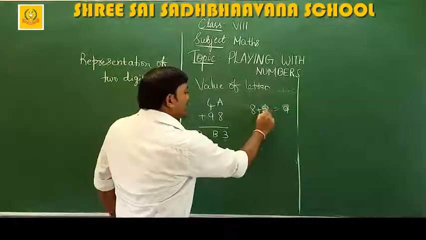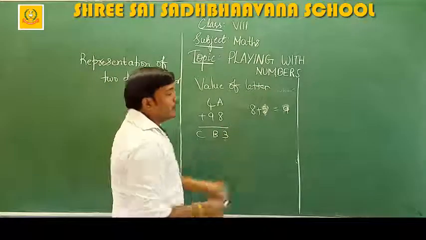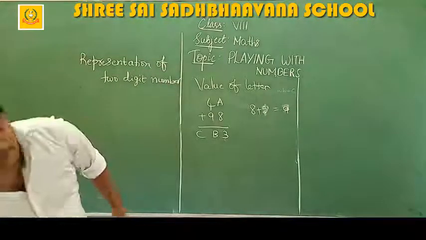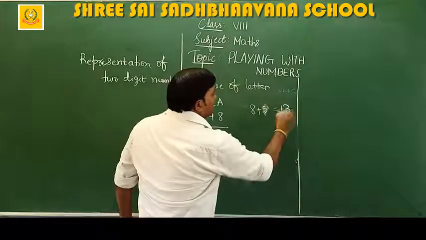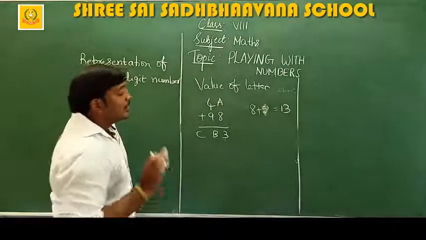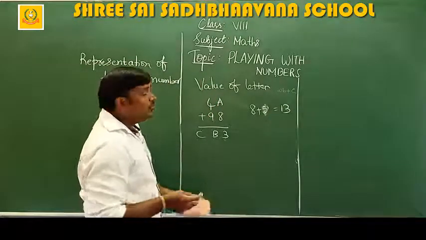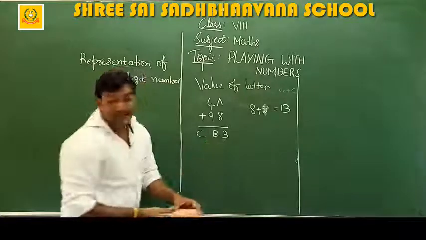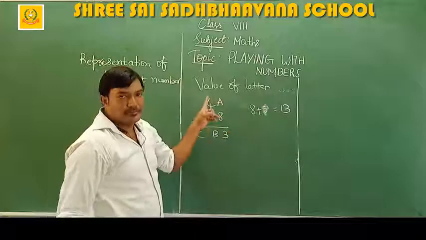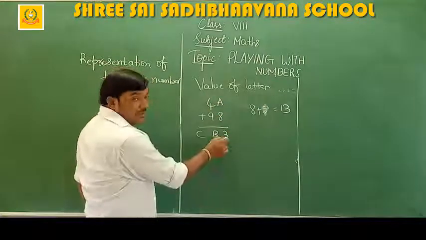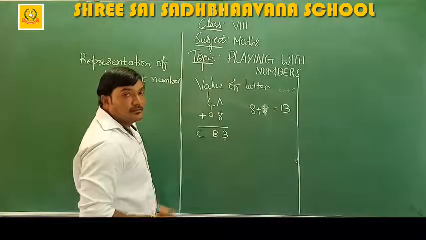I'll just check with 5. Let's see. 8 plus 5. What is 8 plus 5? We will get 13, right? Whenever you are adding, everybody knows this, we write only the second digit over there and the other one we will write as carry. So you'll specify 3 here and 1 will be written here.